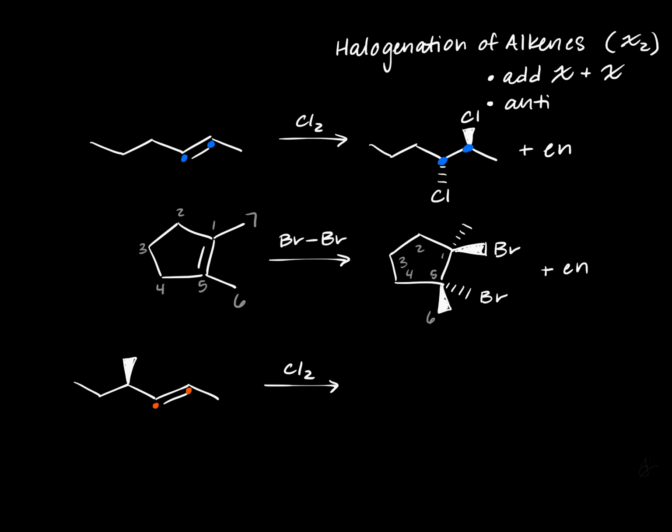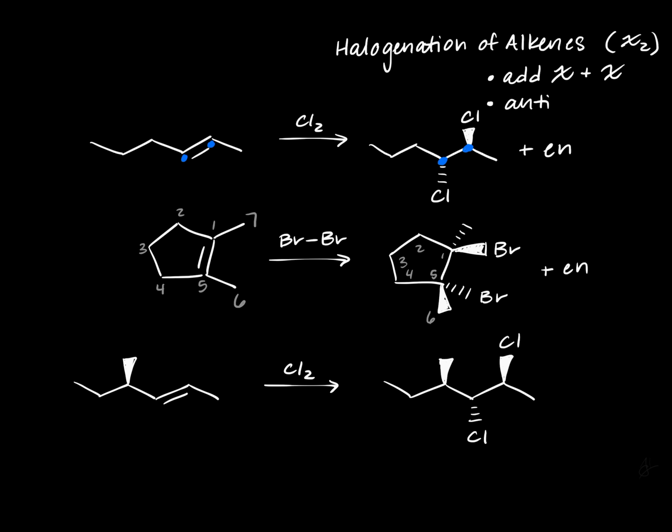I can add 1 chlorine off of one of those carbons, another chlorine off of another one of those carbons. Again, I can make one a wedge, arbitrarily, of course, and the other a dash, arbitrarily, of course. And I won't forget this methyl group.